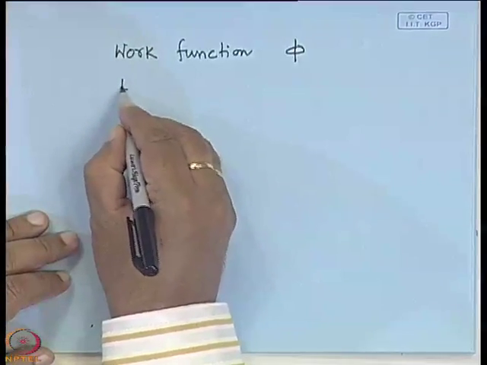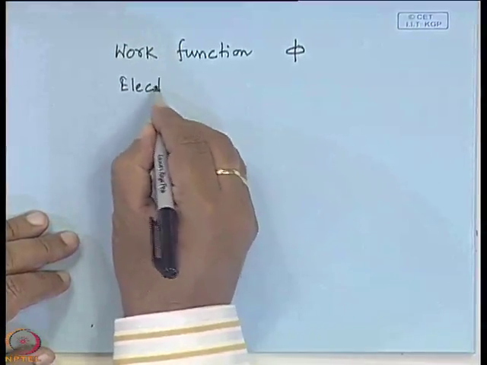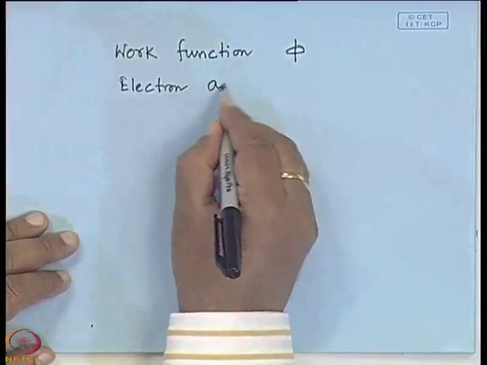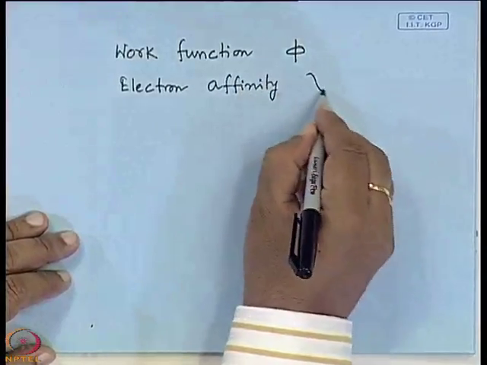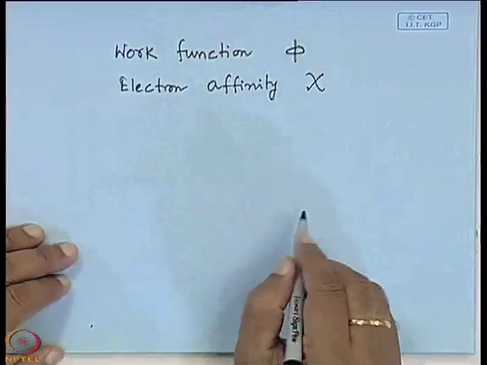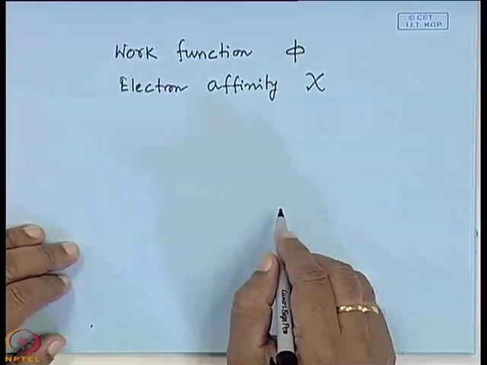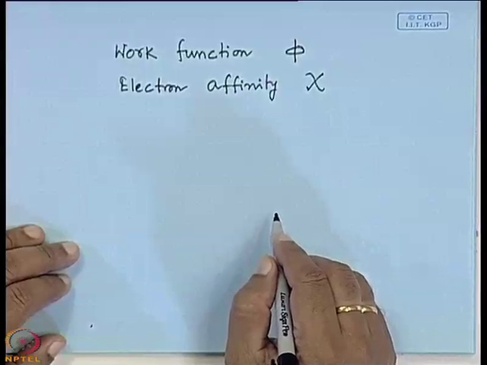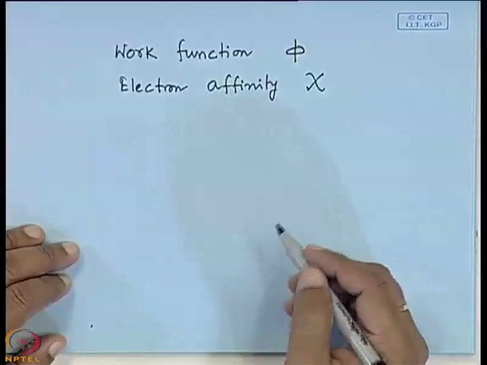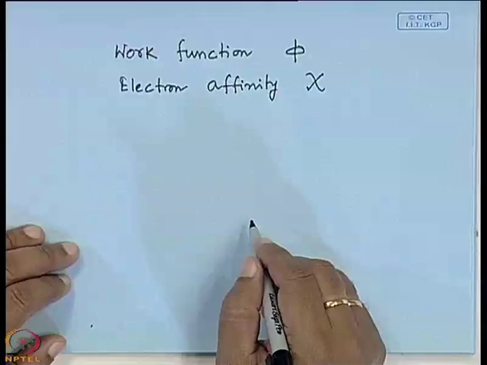Another is the electron affinity, which is known as chi. Both are in electron volt if you multiply by q, or both are in volt if you do not multiply by q.